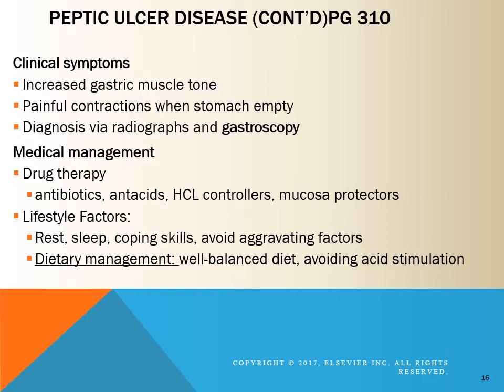Black pepper can really cause pain for patients that have peptic ulcer disease. Not one of the common ones you think about, but definitely an example. Other foods include hot chili peppers, chili powder, alcohol, coffee, and chocolate. So these are different things that the patient can avoid.